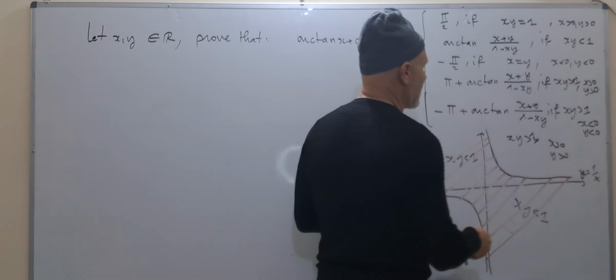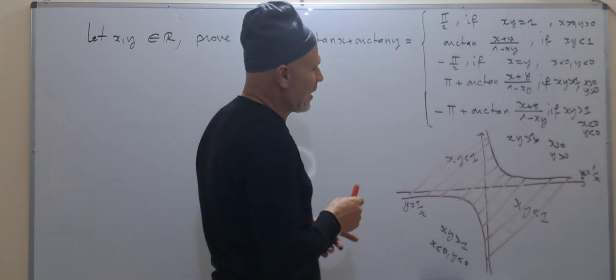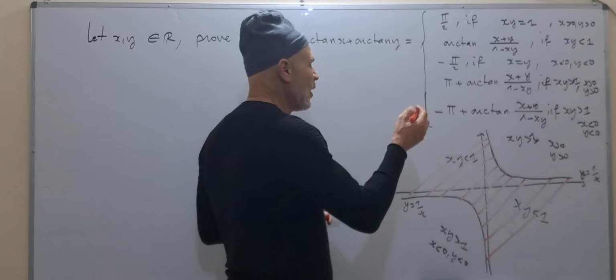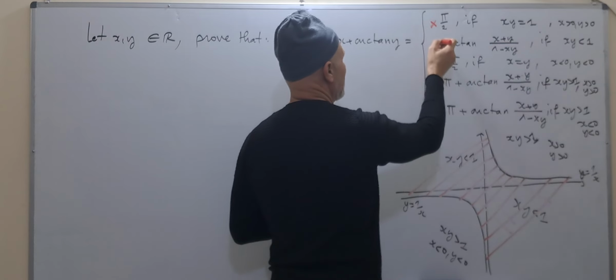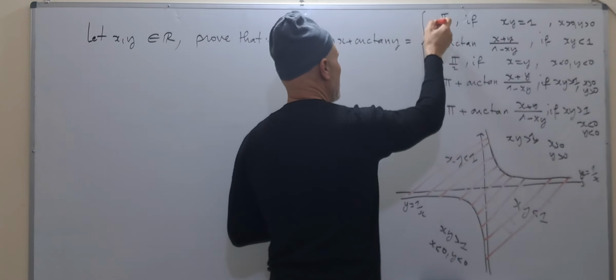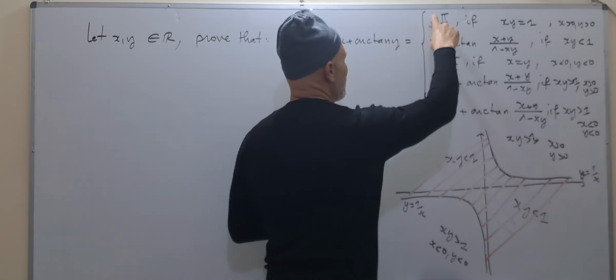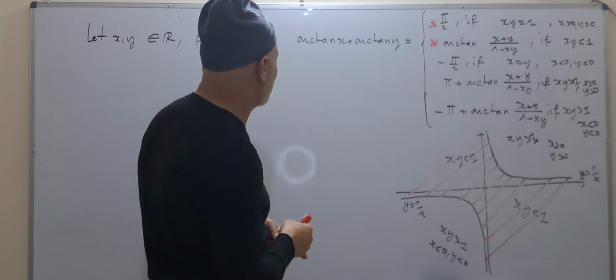I mean here x times y greater than 1. So we will start by this one, then this one. The others will be deduced from just these first two equations.